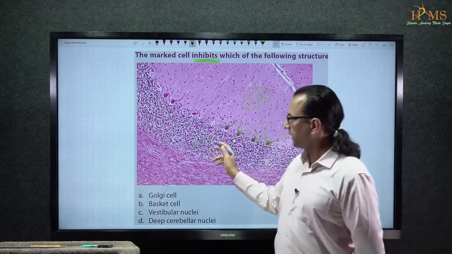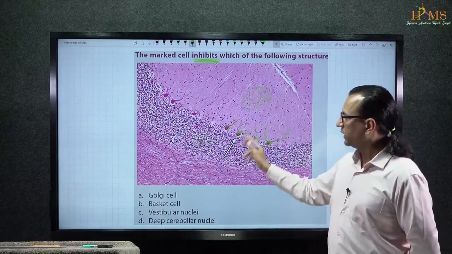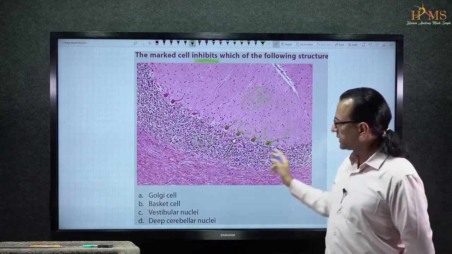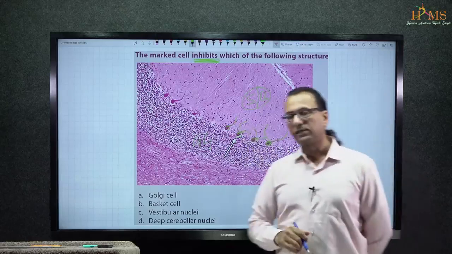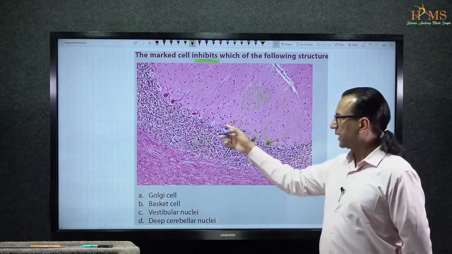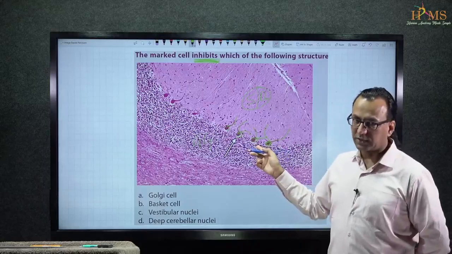Now, as the arrow is pointing towards the middle layer of the cerebellar cortex, it is the Purkinje cell. Purkinje cells are using GABA, gamma aminobutyric acid, on the deep cerebellar nuclei like the dentate nucleus.